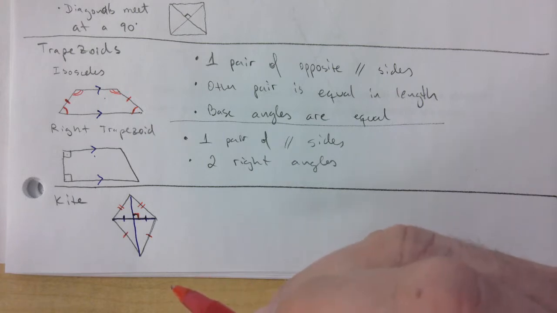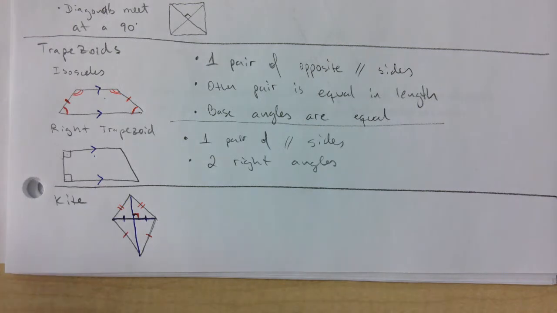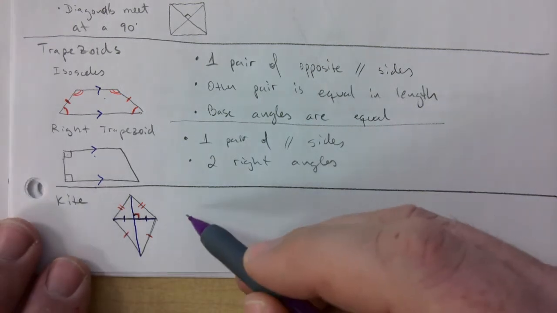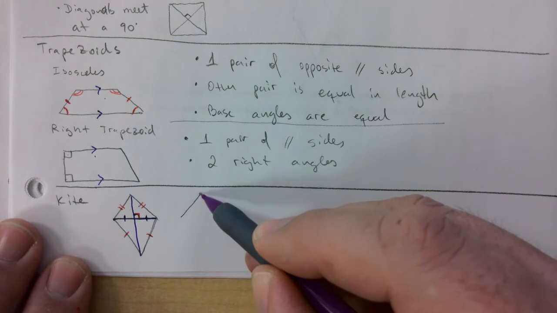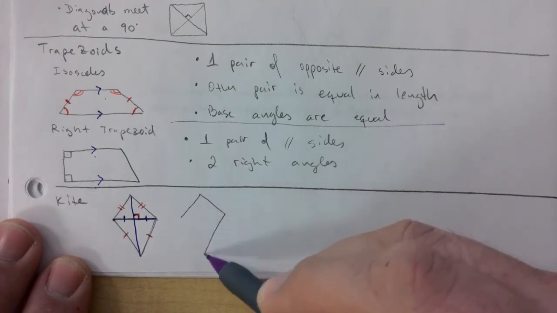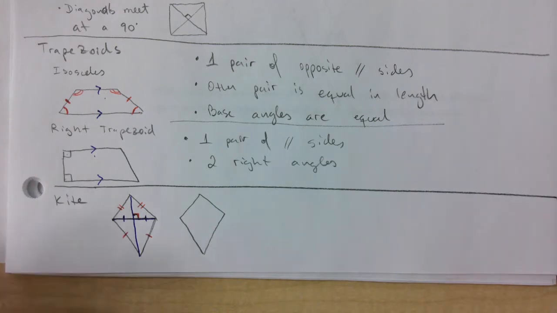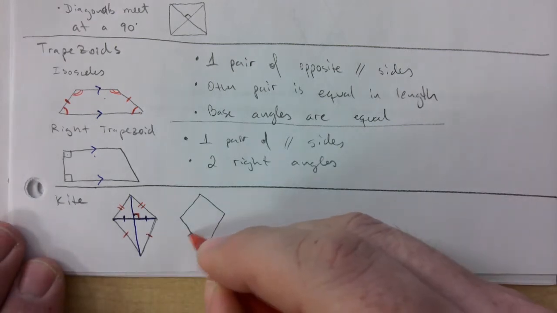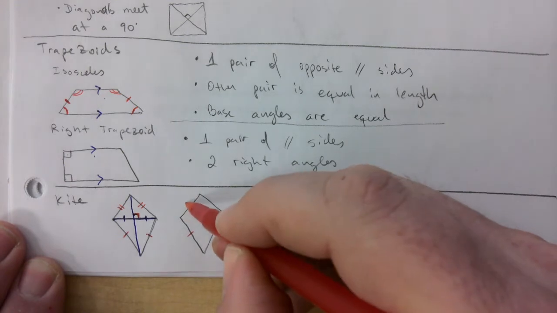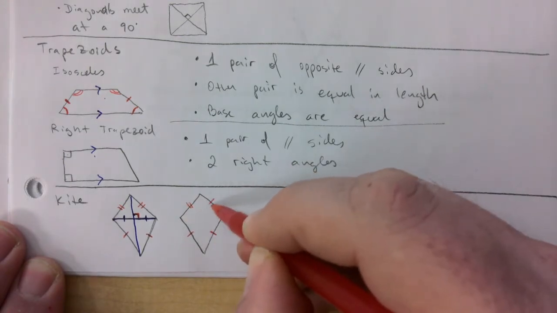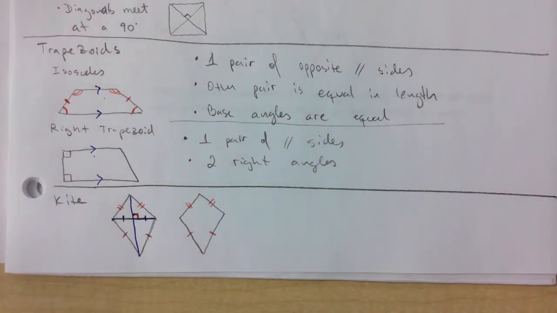And one last marking I'm going to do. I know it looks very busy here. Maybe I'll just draw another version of it where I identify different things, okay? So let's say you draw another kite. I'm asking you to do that. And in this case, you're just going to identify, for example, that these two sides are the same, and that you don't have to memorize all of the properties, okay? You just have to know at least two of each.